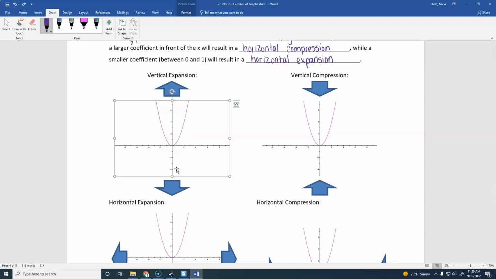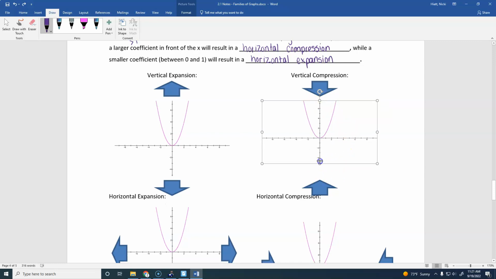We're not changing how wide it is, really, we're stretching it vertically. Whereas if I have a vertical compression, it's like I took the y-axis and squished it. Really, left to right, nothing's changing. It didn't get any wider, but it looks wider now because it's shorter, which makes it look fatter.